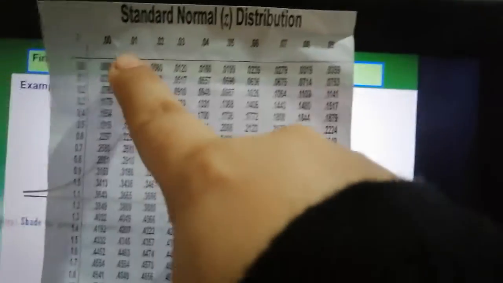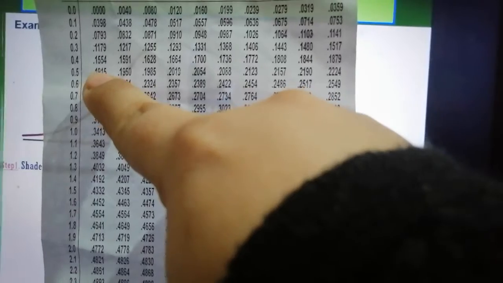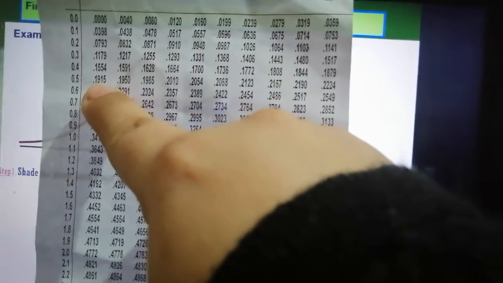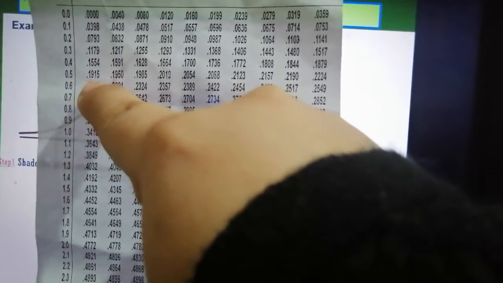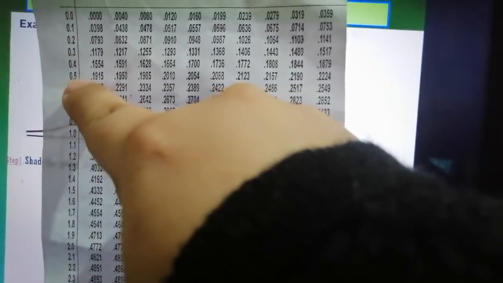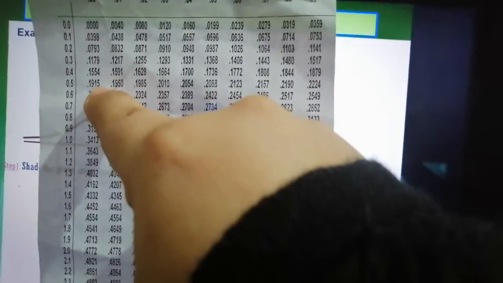And what z value has an area of 0.1915? So you look at 0.1915 here. And what's the corresponding z? Notice we're doing it the other way. A while ago, we were given the z and needed to get the area.